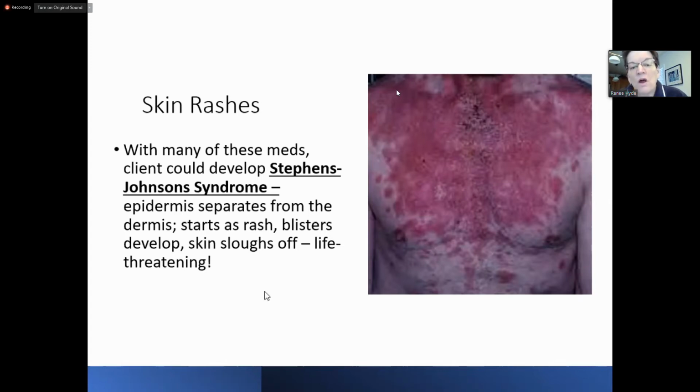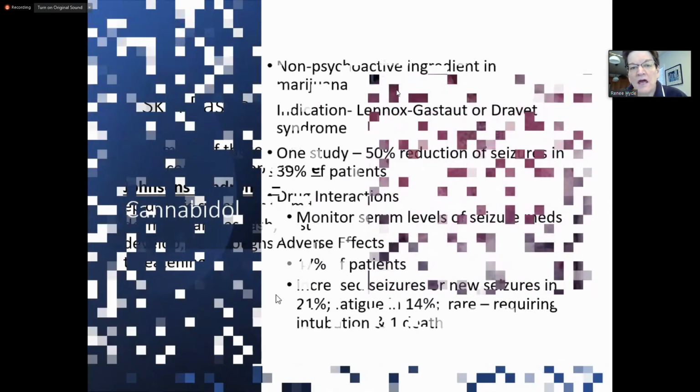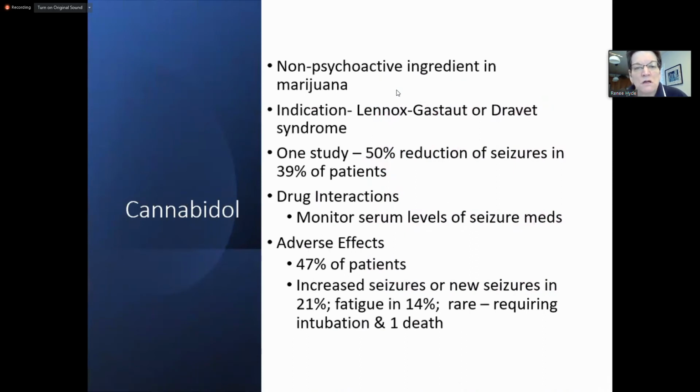Now, one of the new things that has come out, of course, if you look at the popular press or the newspapers, every ad in the world says marijuana treats everything, or CBD, cannabidiol.